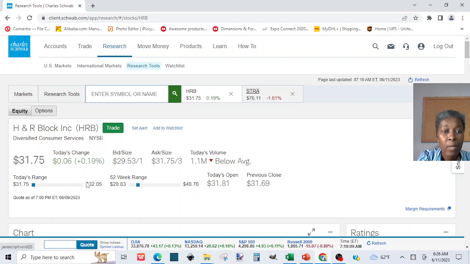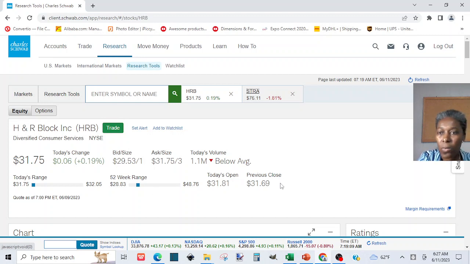and at some point it sold for $48.76. Because it's H&R Block, if you don't know what H&R Block is, they file taxes. So that means during tax season, maybe February, March, April, May, if I don't include January, the price might be higher, and when it's not tax season, the price might go down.